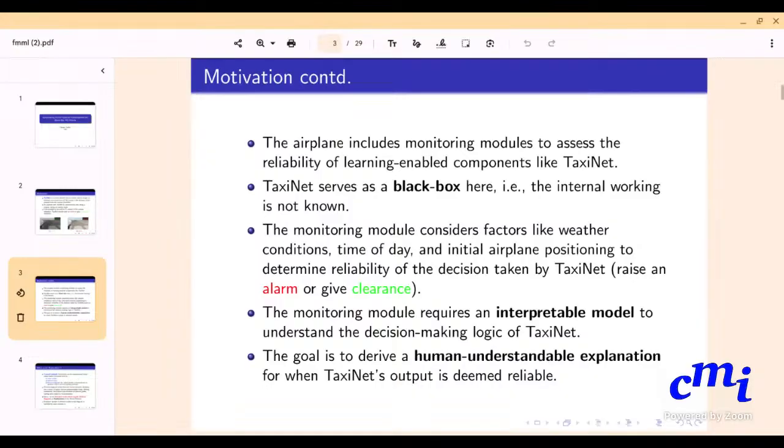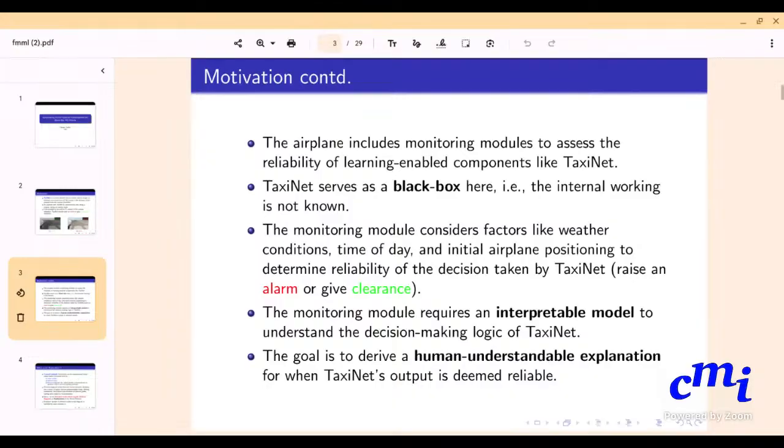As someone who wants to design a protocol to test if that classification can be trusted, I have access to these inputs, and the monitoring module requires an interpretable model to understand the decision making logic of TaxiNet.